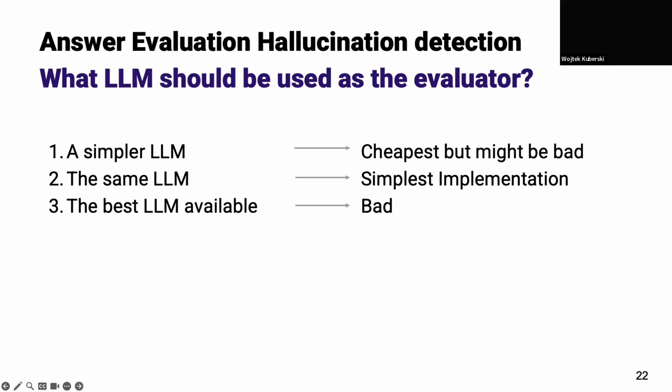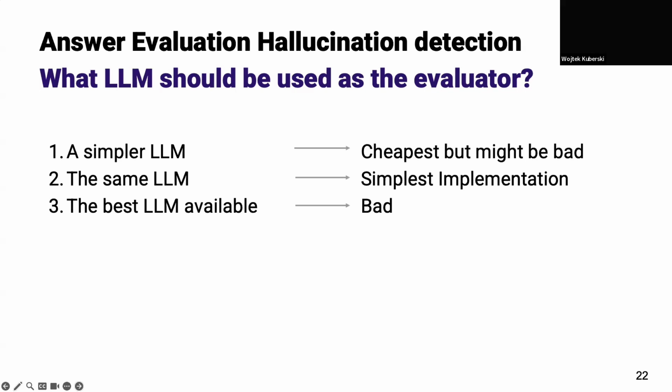It is cheap, but we don't get the same expected level of performance as if we were using a more capable LLM. The other option, which is kind of the default idea, is to use the same LLM that we're using to actually get our answers for our use case. This is a very simple implementation because we're just calling the same LLM. We don't need to support another LLM, whether open source or closed source, and it's generally a preferred option.